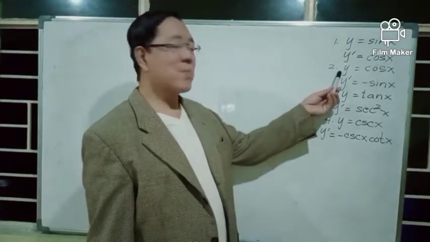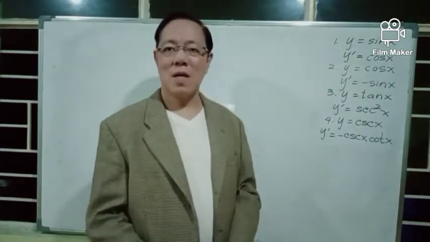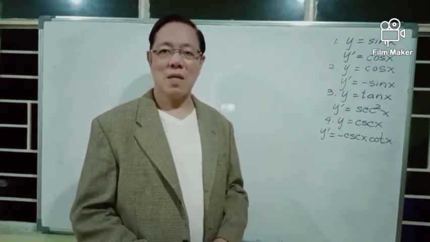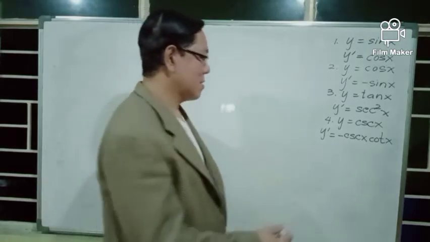Next is the reciprocal of cosine. The reciprocal of cosine is secant, and the derivative of secant is secant x tangent x.